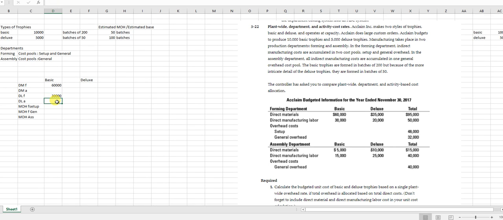Again, you can set this up however you want. I don't know how much setup overhead it gets yet, but I do know that the deluxe has direct materials of 35,000, and they have 20,000 of direct labor.